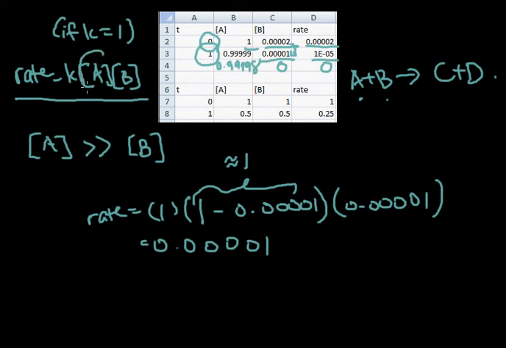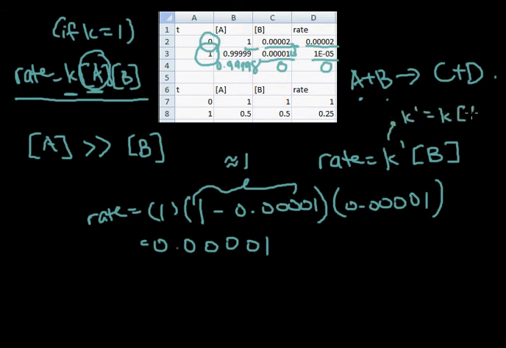The concentration of A is almost constant throughout the whole reaction, because B is so small, right? So even if B totally diminishes and you react all of the B with A, there's still so much A that it doesn't really matter. So if this is a constant and this is a constant, it is like rate equals K prime of B, because A is a constant now, or we say that it doesn't change throughout the whole experiment, where K prime is K times the concentration of A.